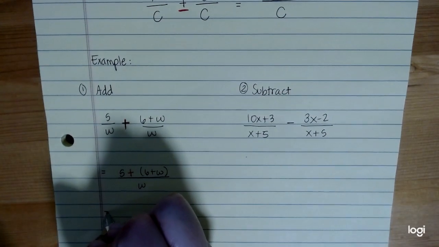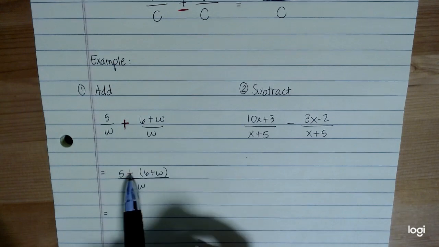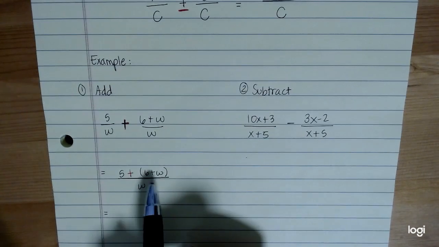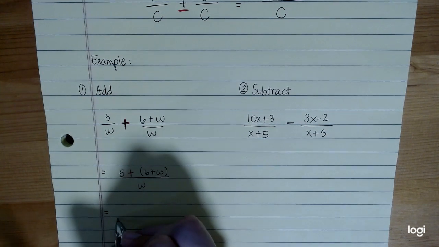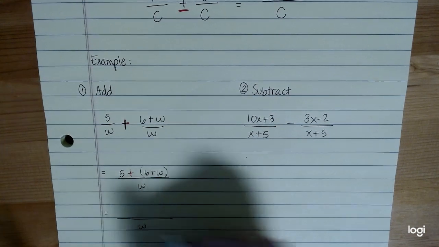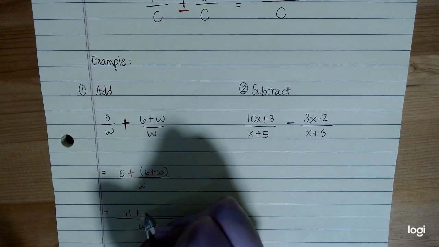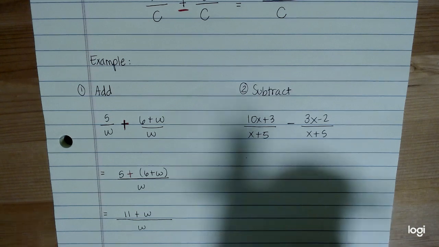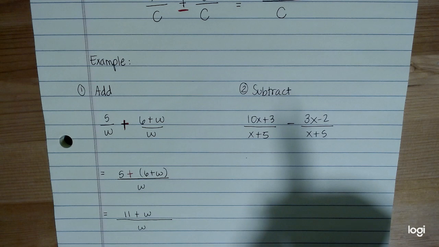This is module 3, adding and subtracting with polynomials, and it's going to come back to you. So 5 plus 6 plus w, we're simply combining like terms here. It's still over w, but now 5 and 6 is 11, plus w, and we can drop those parentheses because we're not multiplying by anything other than the number 1. So that's going to be 11 plus w over w.